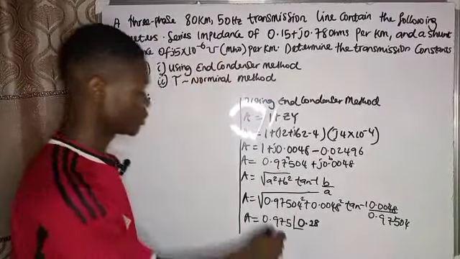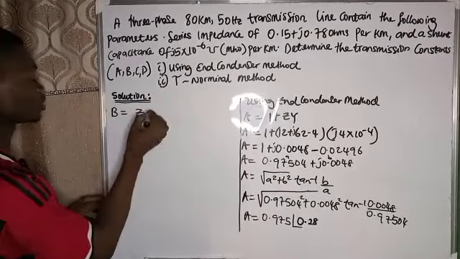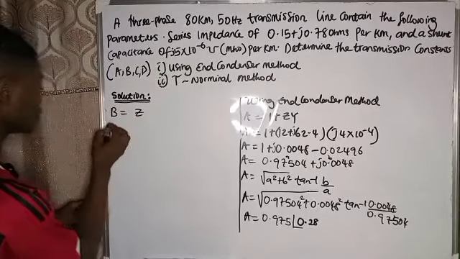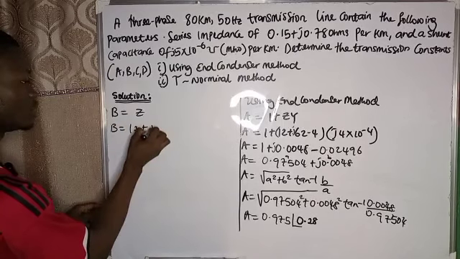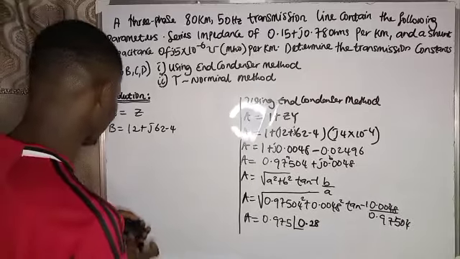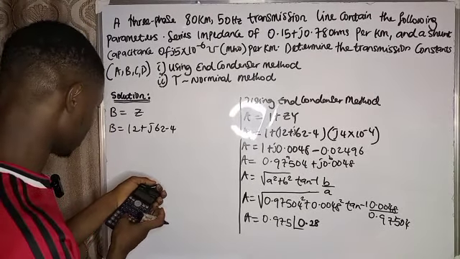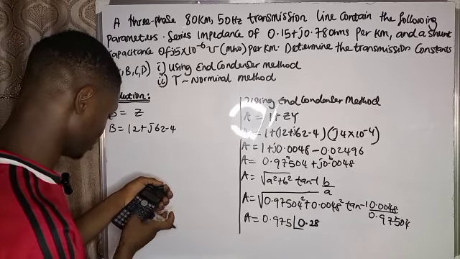So we are going to find our B. B is equals to Z. So what is our Z? Our Z is 12 plus J 62.4. So let's convert it to polar form using this same formula. So we are going to have 12 squared plus 62.4 squared.